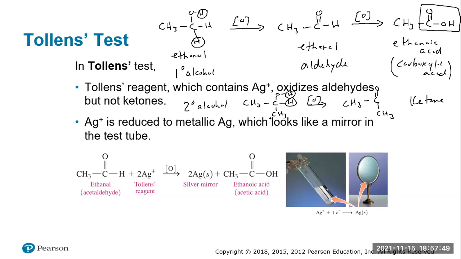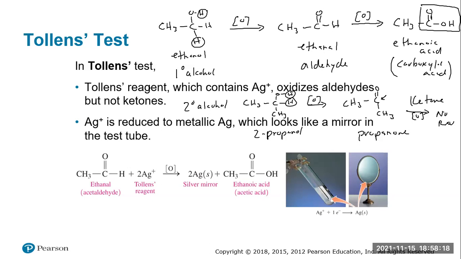This right here is 2-propanol, which is a secondary alcohol, and it ends up as what we now know as propanone, O-N-E. When you oxidize this one more time, nothing happens because there's no hydrogen here, so no reaction occurs.